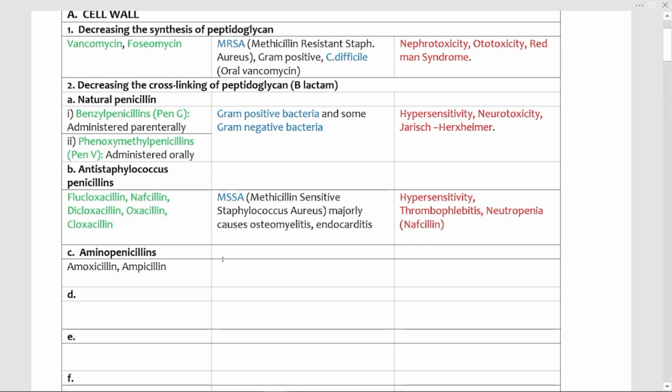Now, these drugs are good when it comes to dealing with gram-positive bacteria, and also gram-negative. But there's something that I want you guys to note. Bacteria always adapt when it comes to antibiotics. One major adaptation is that they form an enzyme that works against antibiotics.